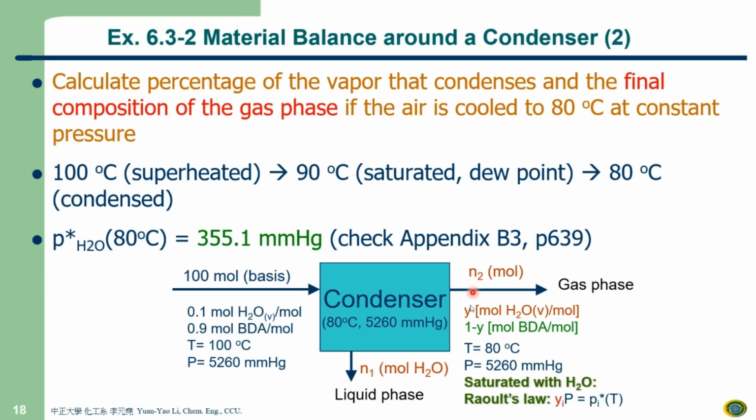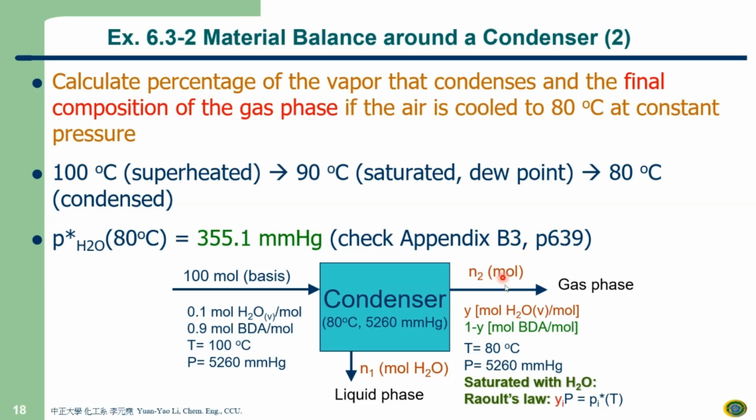Okay, let me say this again. In order to get y, you need to use Raoult's law, and you know the total pressure, you know the saturated pressure of the water at temperature 80, right? Check from the table. So you get y. And in order to get the answer of N1 and N2, use mass balance, input equal to output. So you get N1 and N2.